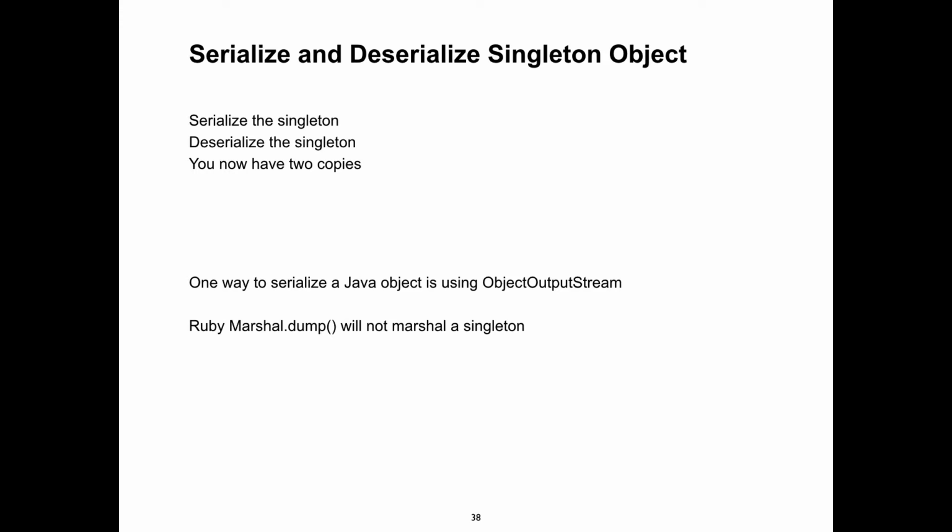If you make it clonable, then you can clone it, and now you've got two. If you want a singleton, you don't implement the clonable interface.